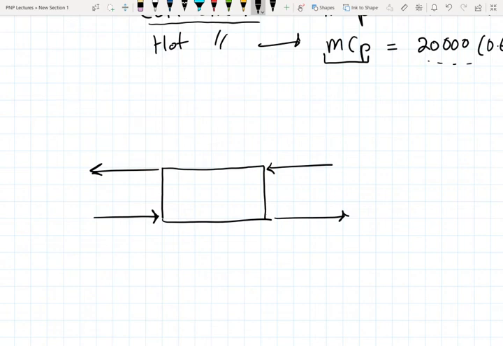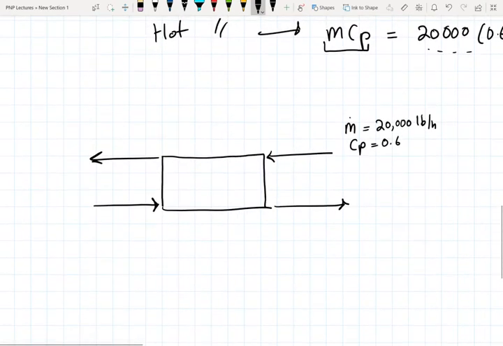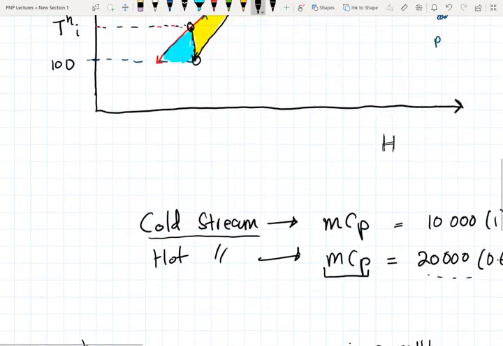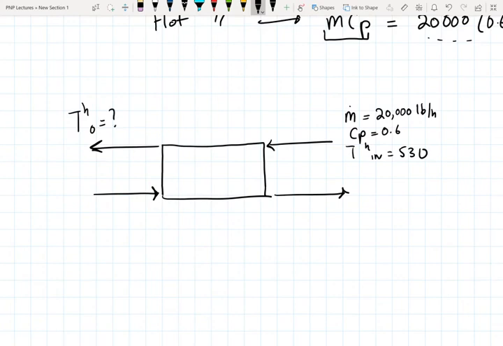Let's say on the top I'll have my hot stream going at a flow rate of 20,000 pounds per hour, CP 0.6, and my hot stream is entering at 530, and the hot stream exits at a temperature that we don't know yet. TH intermediate, that's what I'm calling it. The cold stream enters at a flow rate of 10,000, heat capacity 1.